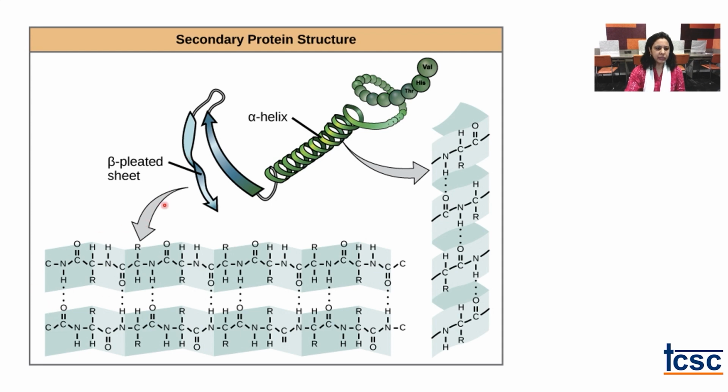So this is how the beta pleated sheet looks, and this is how an alpha helix looks. Both of them are extremely different structures, but the commonality between both secondary structures of protein is that they are highly stabilized mainly by hydrogen bonding, and then further by other non-covalent interactions which occur between the R groups.